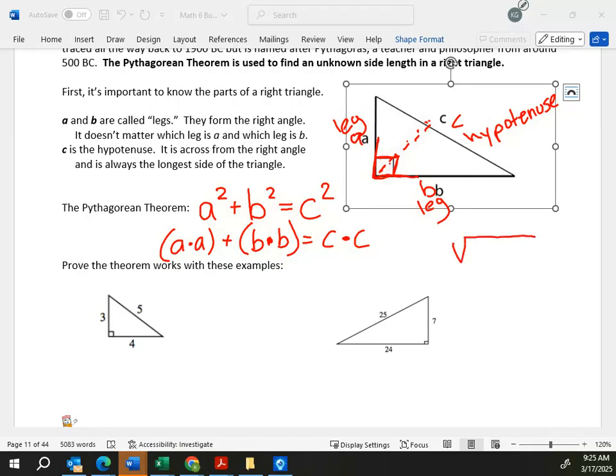Remember, it's that symbol. Anybody remember what that symbol's called, Lila? The square root. So in order to go from C squared to just C, we have to find the square root. And Emma explained what that is. What number times itself would equal it.